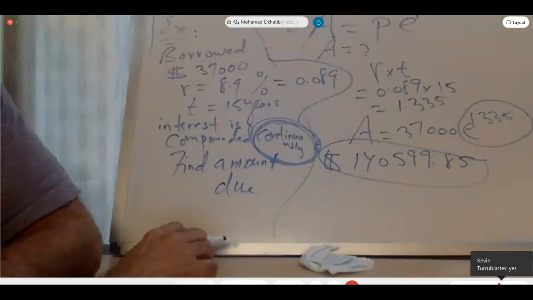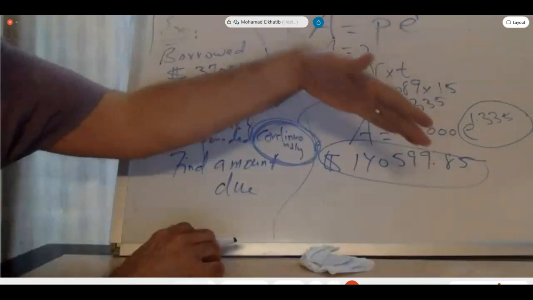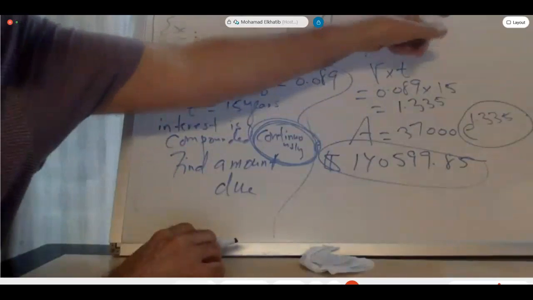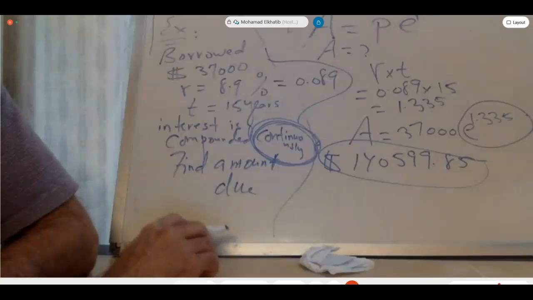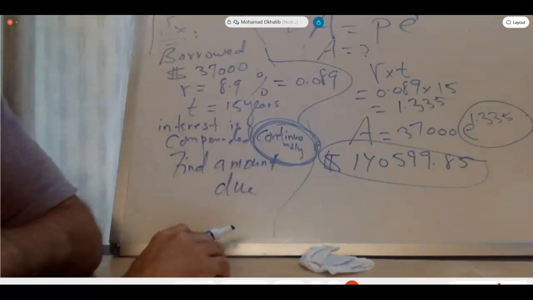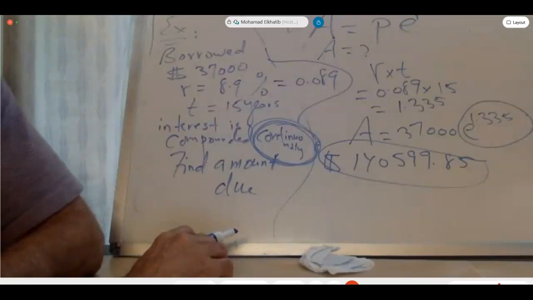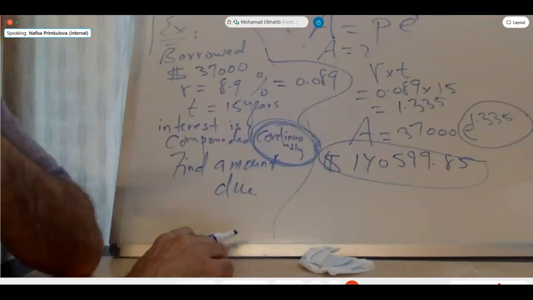We come up with 1.335 by multiplying R with T, right? That's correct. Because you don't want the calculator to do too much work. So you do the exponent by itself and then you put it back in e. Because if you leave it as e to the power 0.089 times 15, then I'm going to have another headache: how do I do that on the calculator? So this is easier. It's better to do R times T on the side.